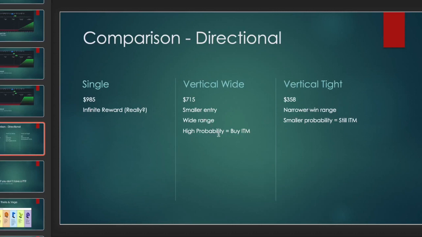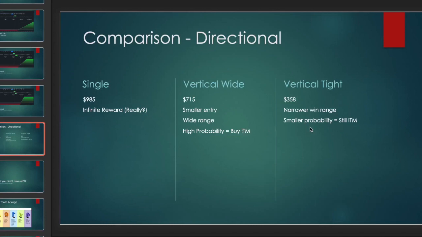Okay, and then obviously you have a much wider range in which it can be in the money. So you want to buy in the money, which is not necessarily the case in other spreads. But you can, that's the point. You can buy in the money because you're selling that other call, which reduces your entry cost, all right?